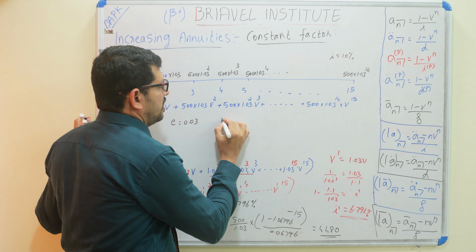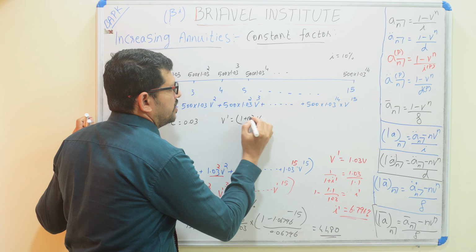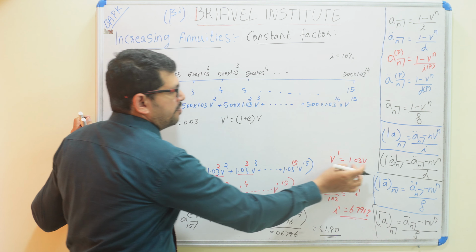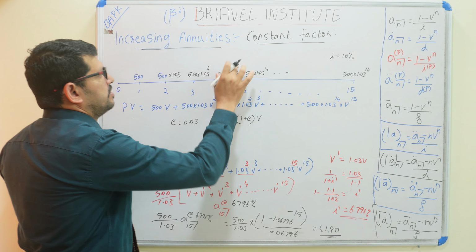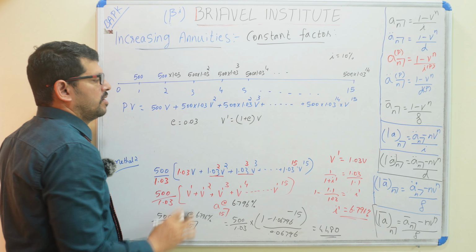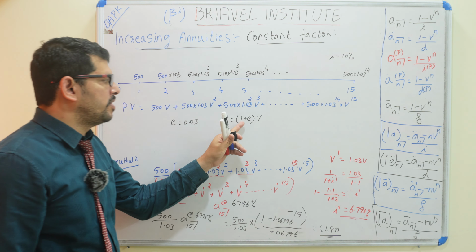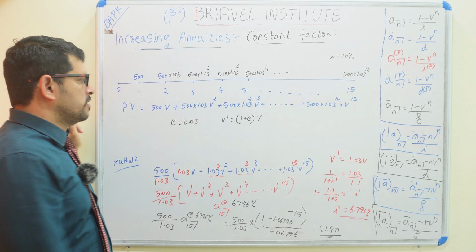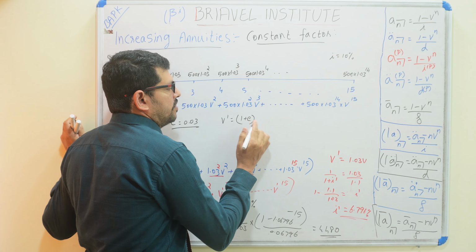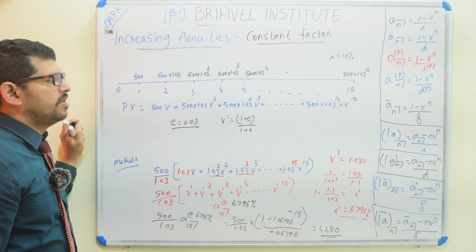So V dash is equal to 1 plus E raised to V, that is, V dash we write as 1.03 V. Whatever the constant factor is increasing, that term I am taking as E. E is equal to 0.03 percentage, E percentage only increasing. So we can write 1 plus E times V. So this is the increasing factor. So 1 plus E, V is equal to, we can write 1 plus I, so 1 plus E divided by 1 plus I.